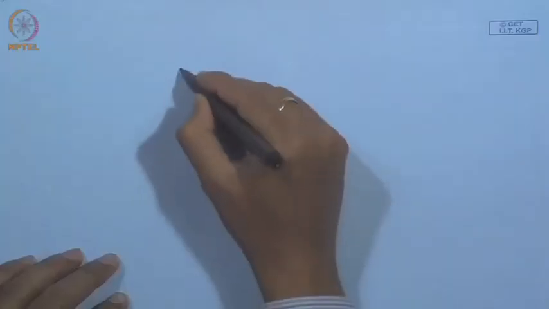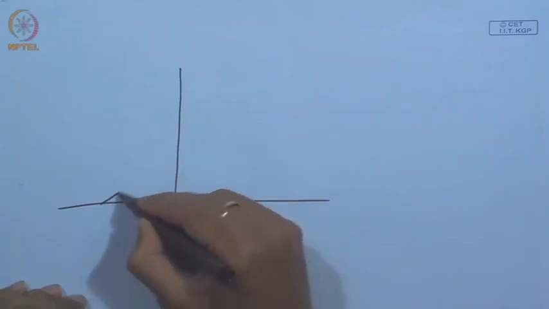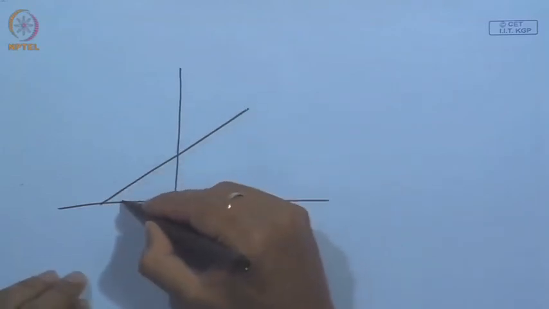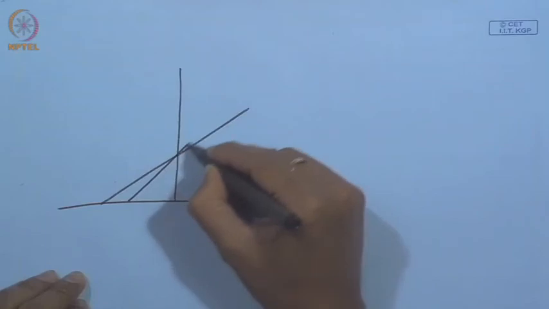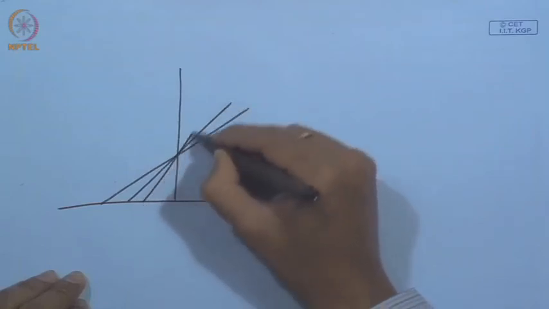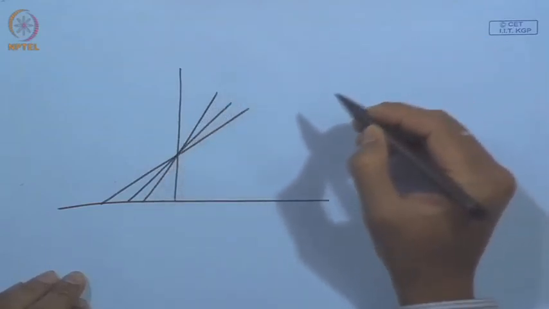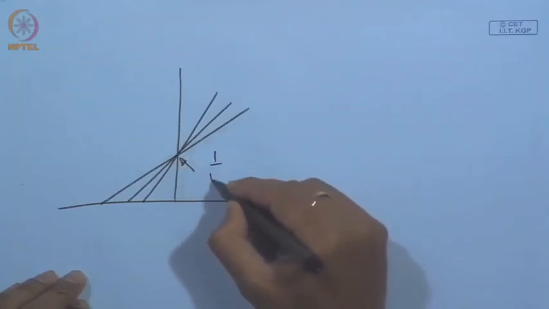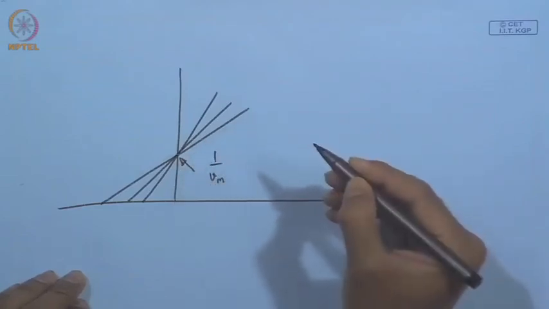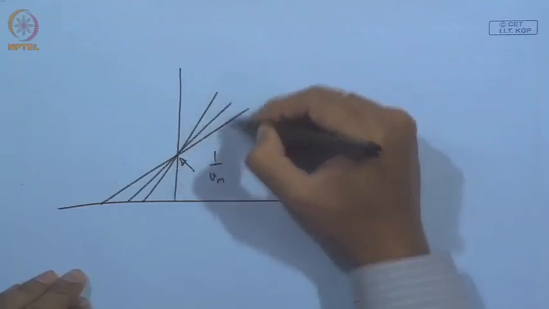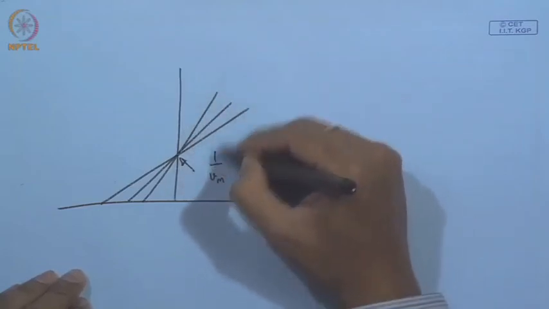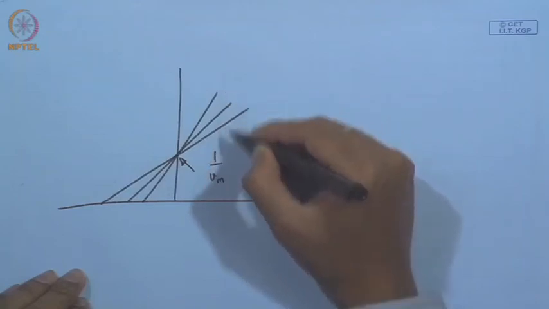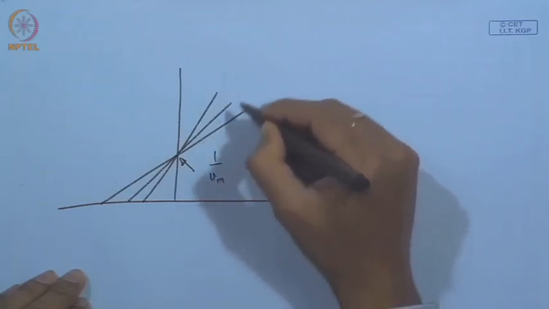What is the reason for this? Let us have this plot. So, we have got a plot like this, maybe another plot like this. So, this is your intercept. Intercept means 1 by V max. And you see the intercept is same, the maximal velocity is same, but with different Km.